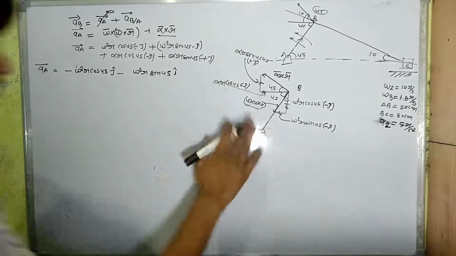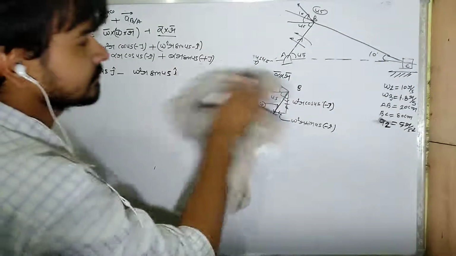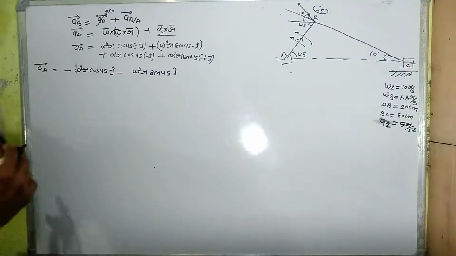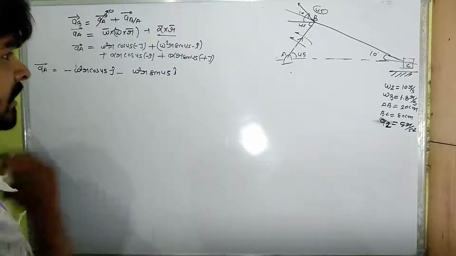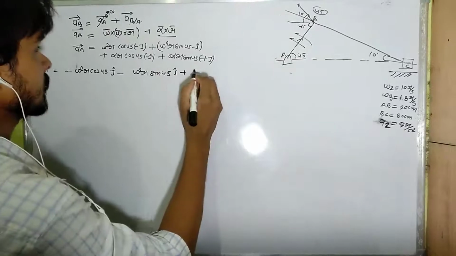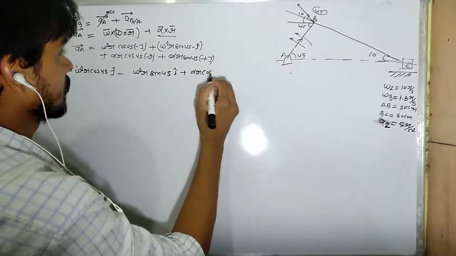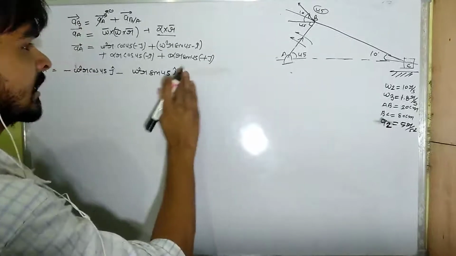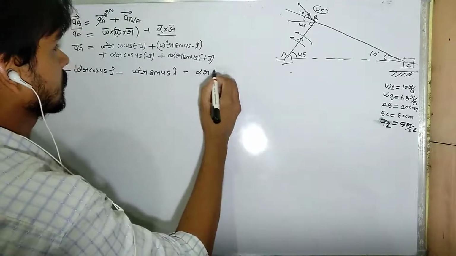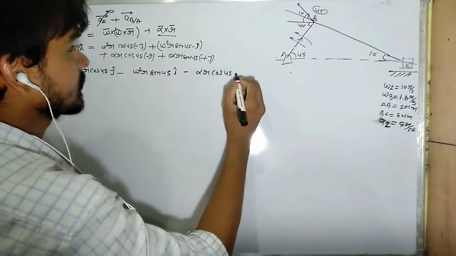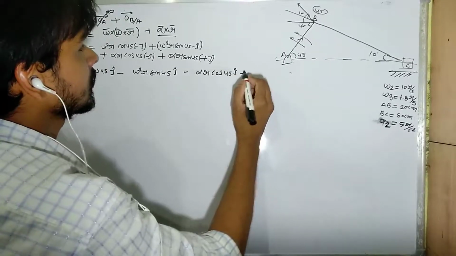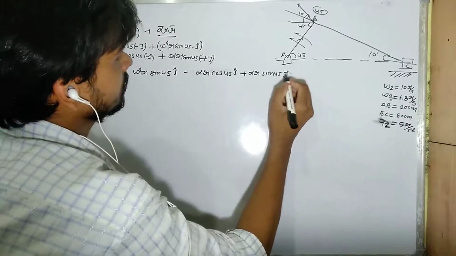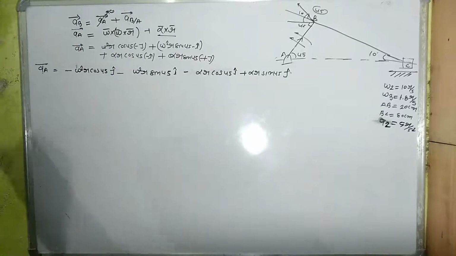Look at here, I am reviewing all these things. Omega square r sin of 45 plus alpha r cos of 45 minus I cap, or you can write it like minus alpha r cos of 45 I cap plus alpha r sin of 45 j cap.